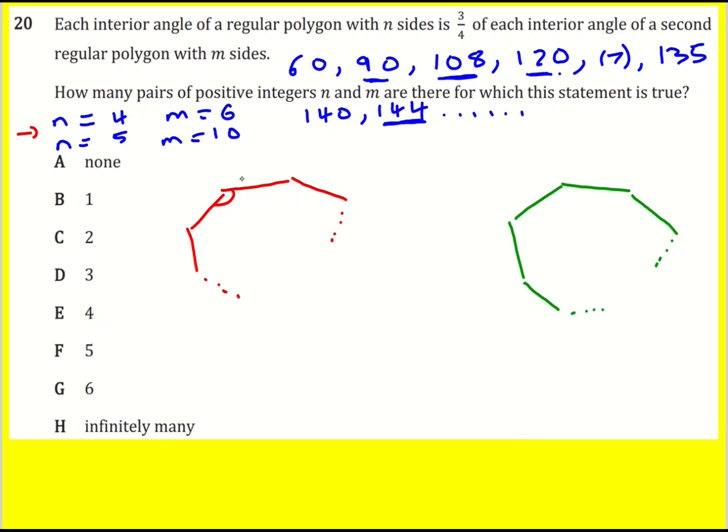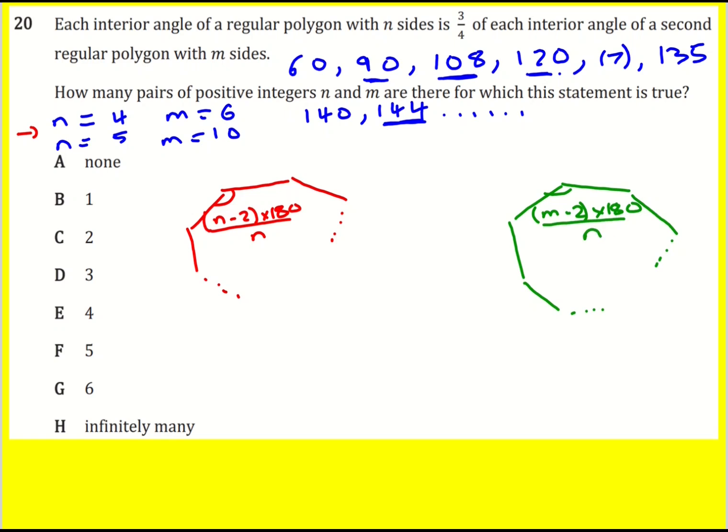You could either work out the exterior angle and then do 180 minus, or we could do the number of sides minus 2 times 180 over n. Now, I'm actually going to go with the latter. So let's go with n minus 2 times 180 over n. And over here, m minus 2 times 180 over m.